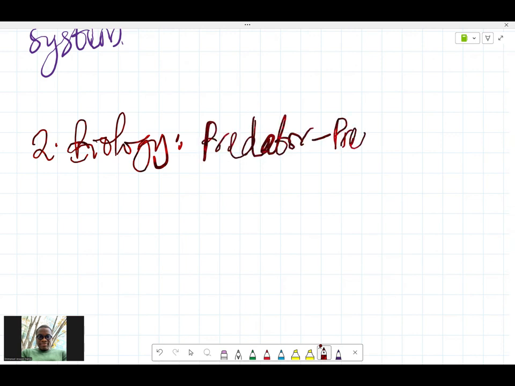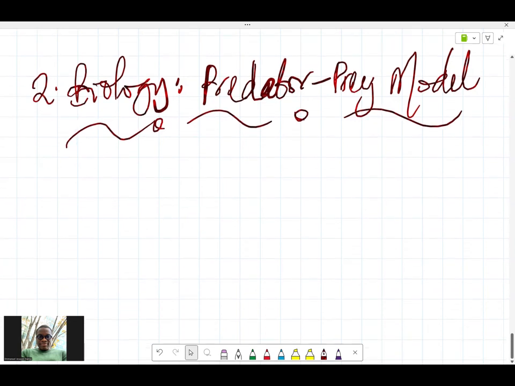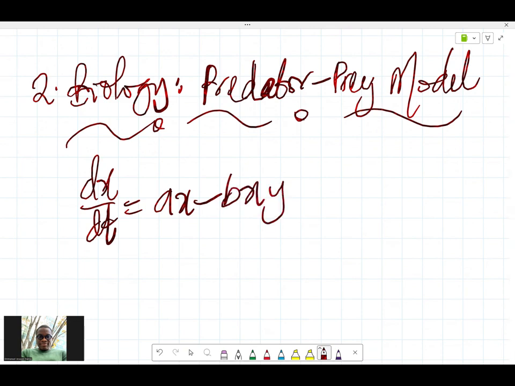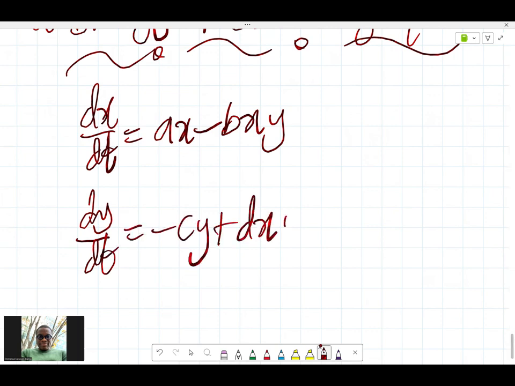For the predator-prey model, we have dx dt equals ax minus bxy, and we have dy dt, which is equal to minus cy plus dxy.